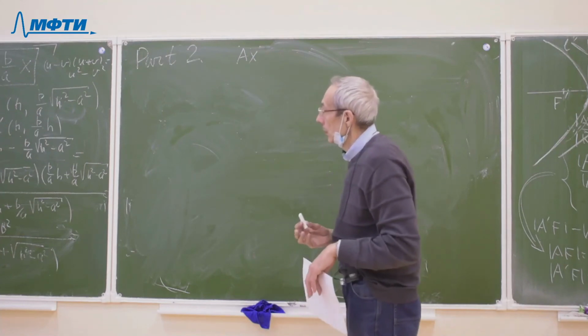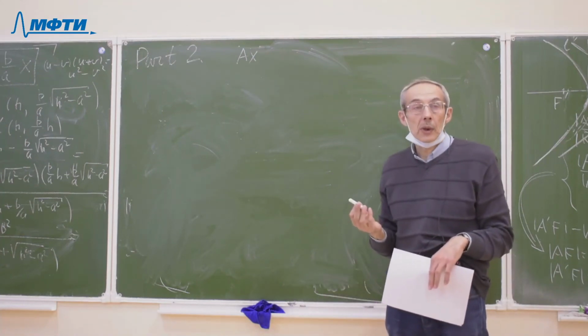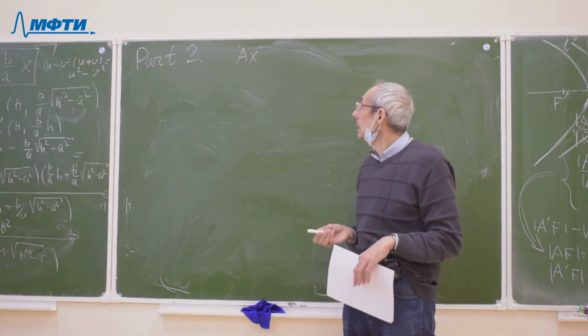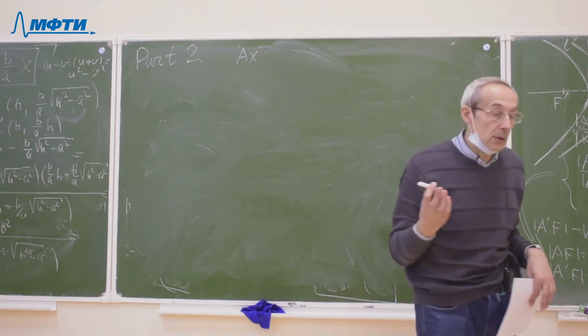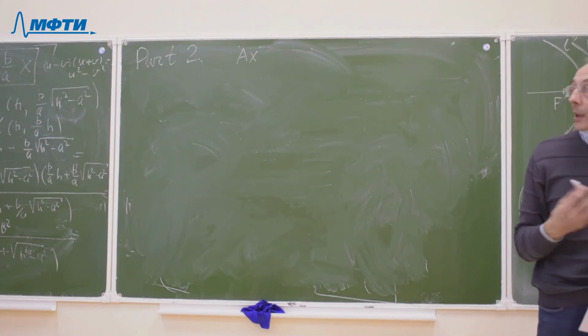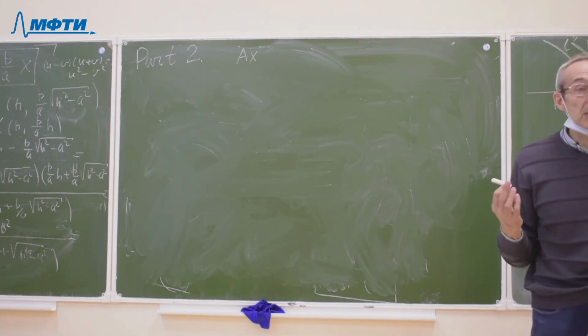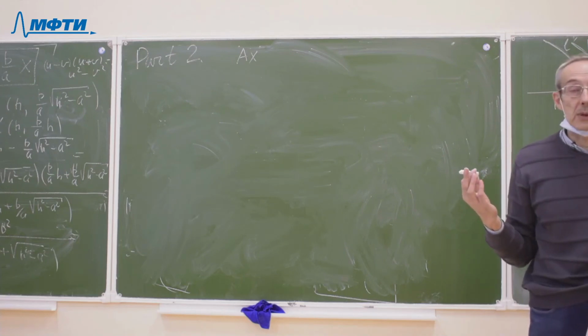And our claim is to prove that any curve of second order is a curve which is the same as one of the conic sections.